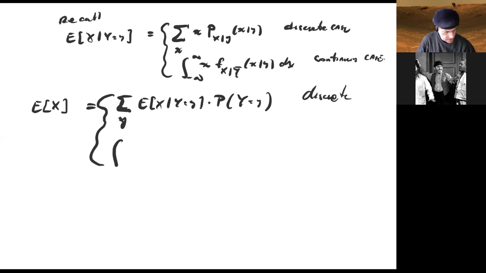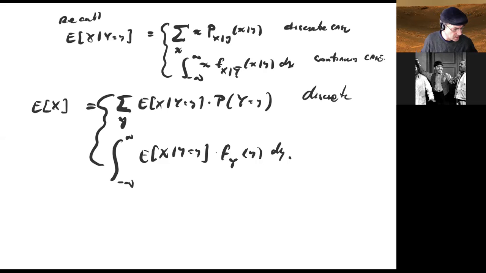And in the continuous case, you're integrating from minus infinity to infinity the conditional expected value times the marginal probability density function of Y.